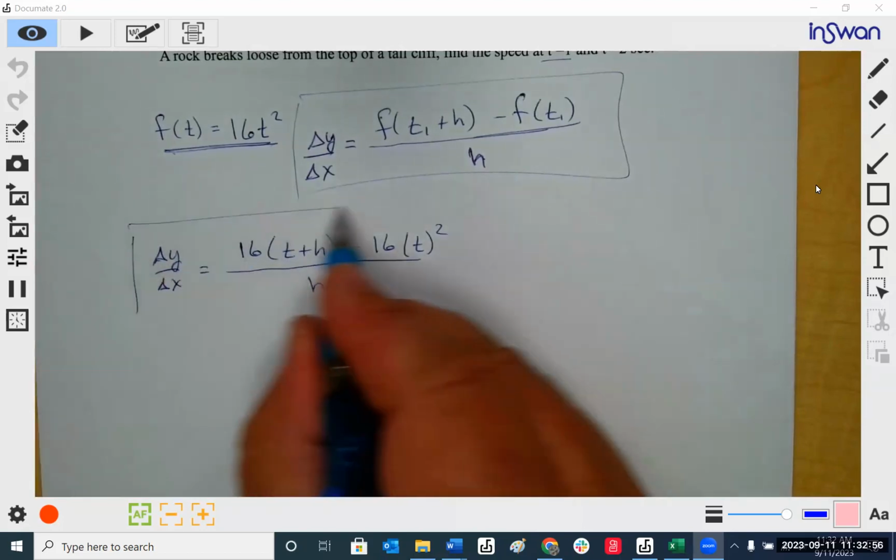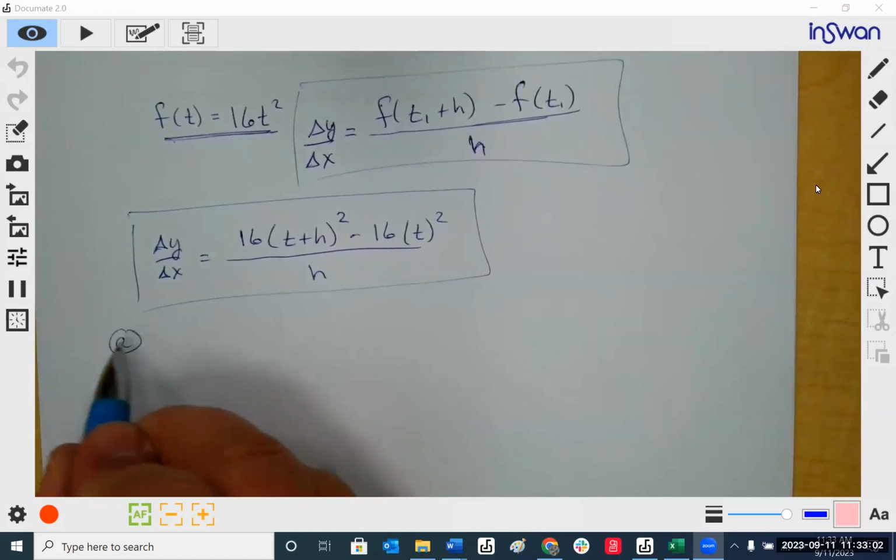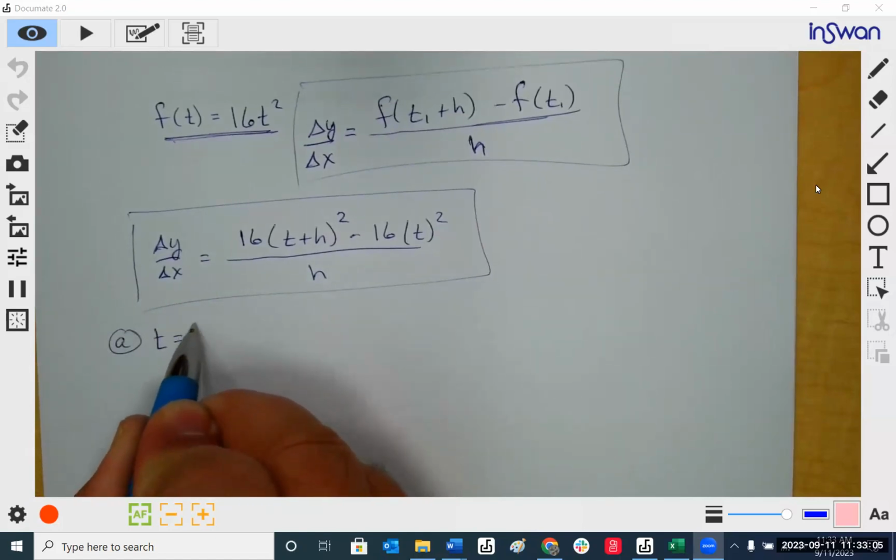This is the formula we'll be using for our example, for a free-falling object, with no external force acting on it. So for A, T is 1.